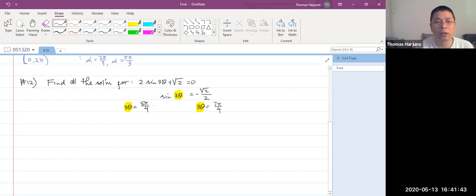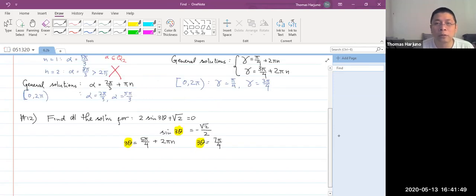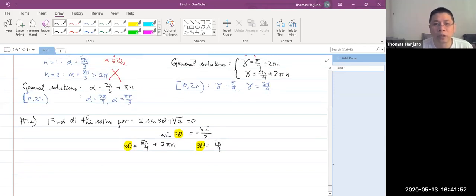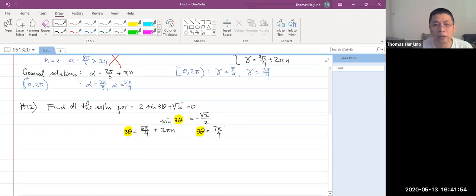Okay, now don't forget, then I will add 2 pi n, because the period of sine is 2 pi, right? And after we solve for the angle, then we solve for theta.